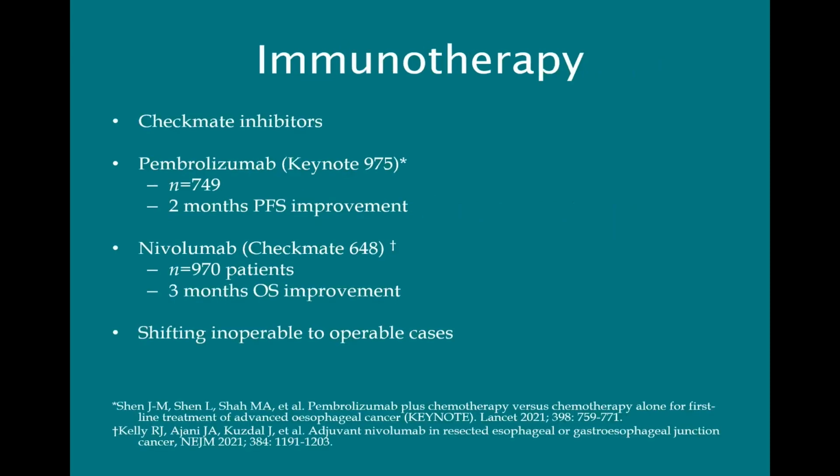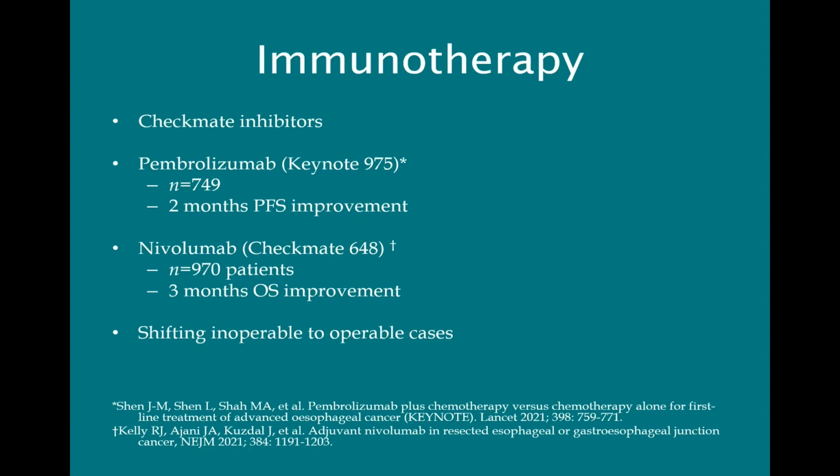But over the last year or so, we've noticed an increasing number of salvage esophagectomies that we are performing for adenocarcinomas, which previously had been incredibly rare. And we put that down to the use of the new class of immunotherapy, namely the checkpoint inhibitors. And here are some of the bigger trials which have assessed immunotherapy agents for patients with esophageal adenocarcinoma, and there are quite modest improvements in survival.